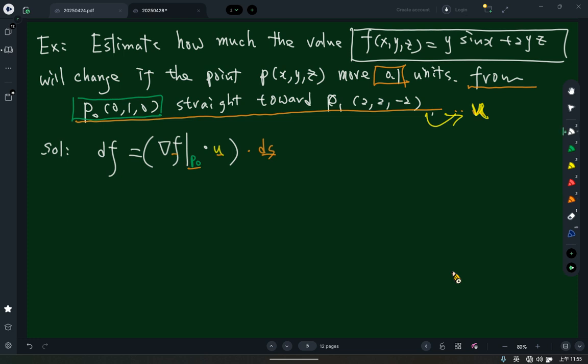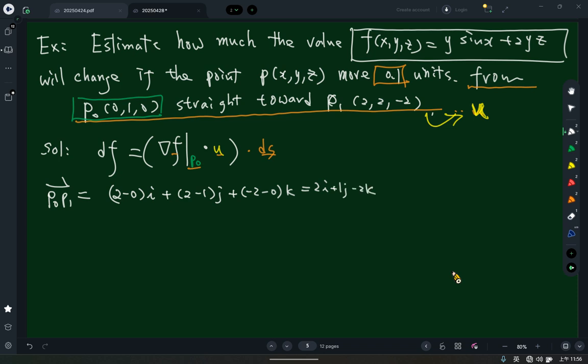So first we need to calculate the direction. So we can get the vector P0 to P1, which is (2 minus 0) i plus (2 minus 1) j, then (negative 2 minus 0) k.